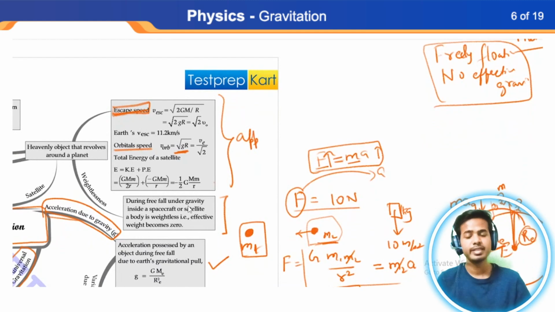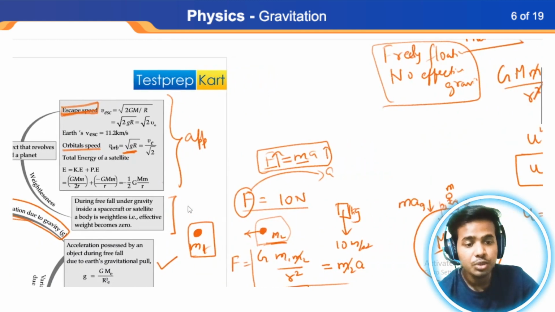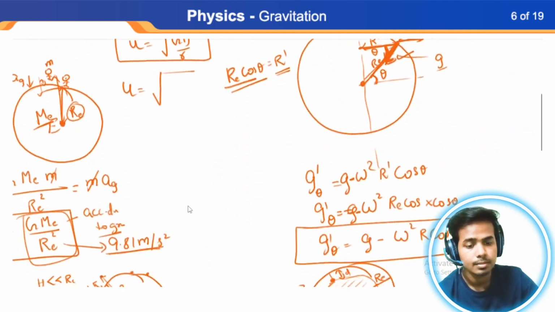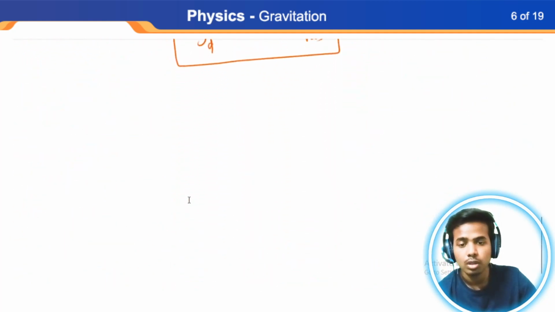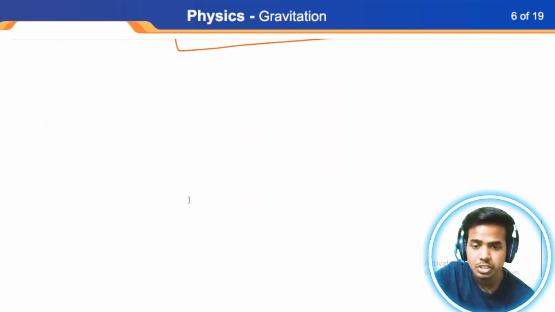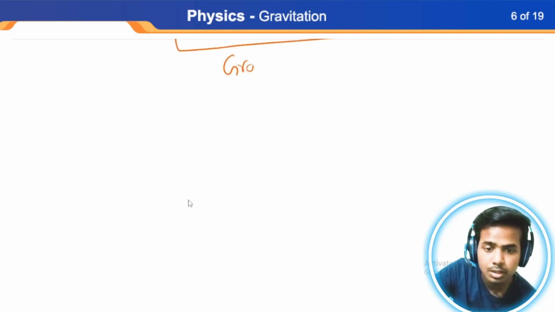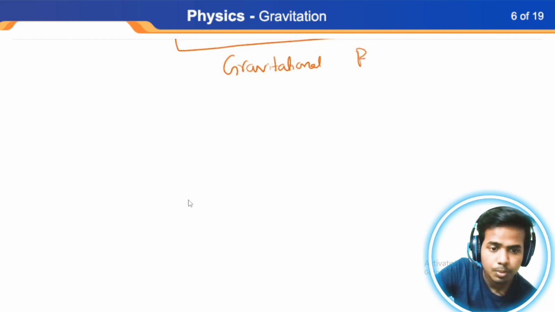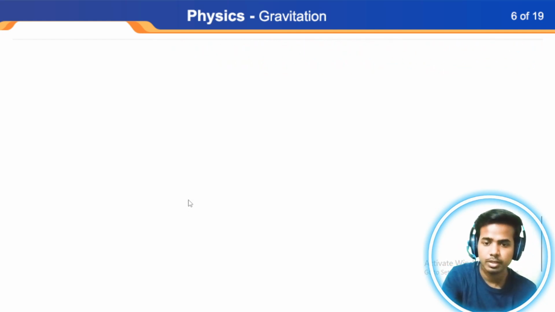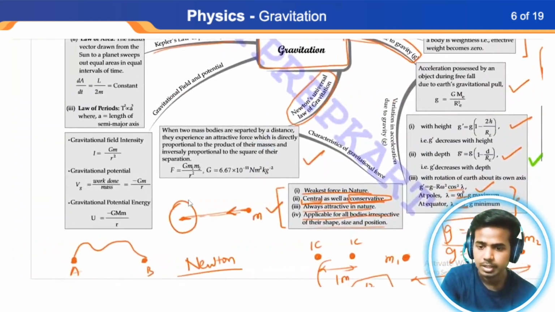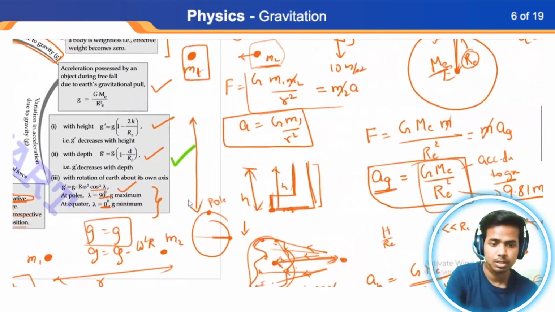But before knowing escape velocity, I have to introduce something called potential. What do we understand by potential? Gravitational potential. It must also be there in the mind map that you have, I guess. Yes, this is the part of gravitational potential.